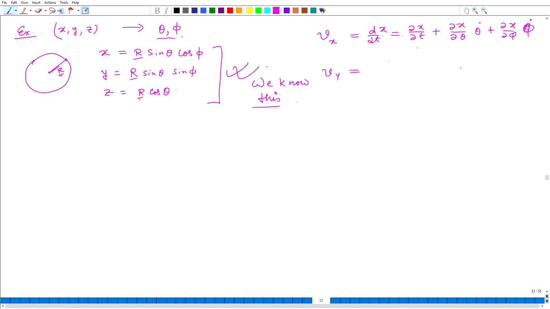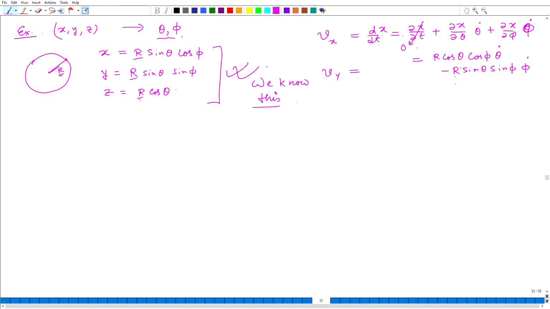Now, what is this? This is 0, and ∂x/∂theta is nothing but r cos theta cos phi, theta dot, plus ∂x/∂phi will be minus r sin theta sin phi, phi dot.